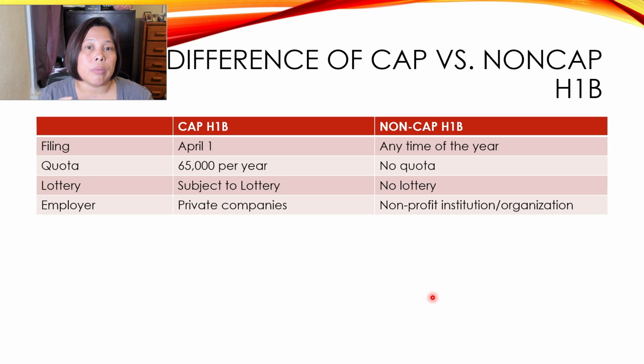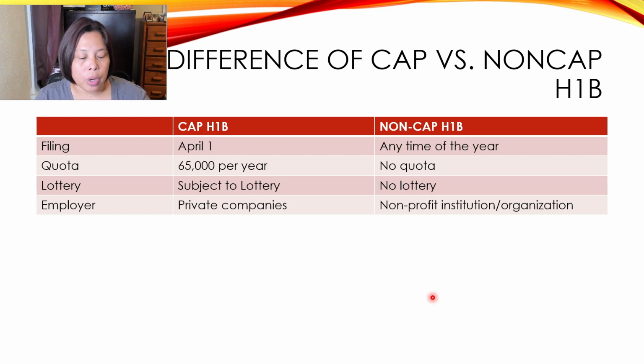The greatest difference between these two is the employer who can petition you. For cap H1B, these are private companies, private institutions. For non-cap, in order for you to be petitioned for cap exception, it should be a non-profit institution or organization.